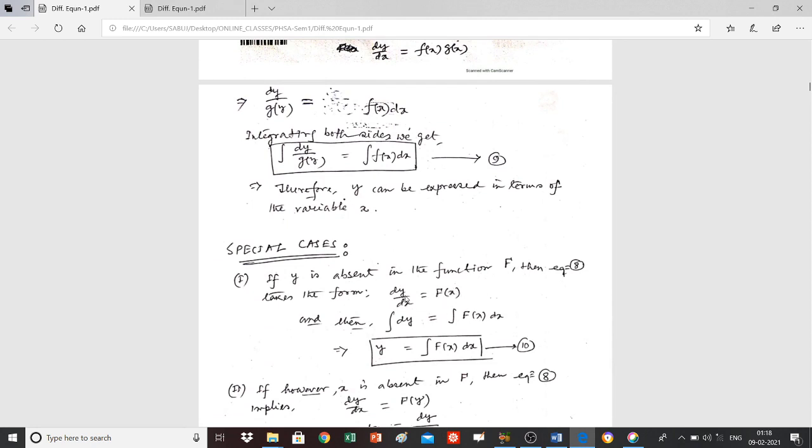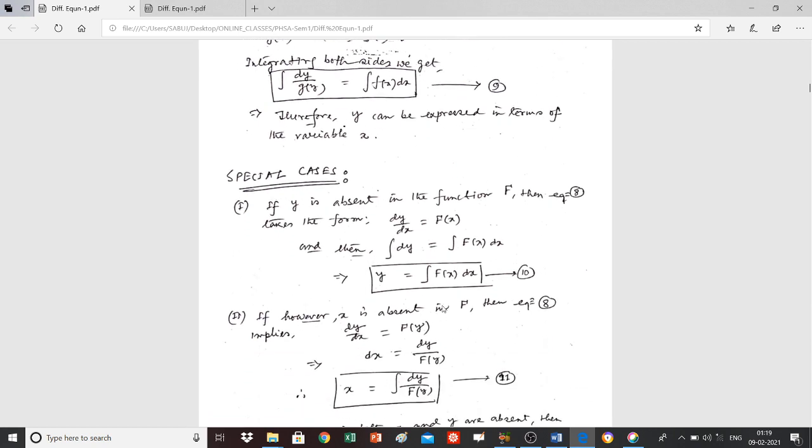From here dy can be written as f(x) dx. Then just integrate both sides, and after being integrated, this equation will give you y is equal to the integral of f(x) dx. After completion of this integration, you can comfortably find out the value of y.